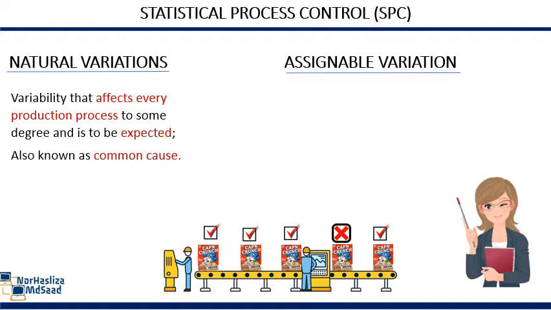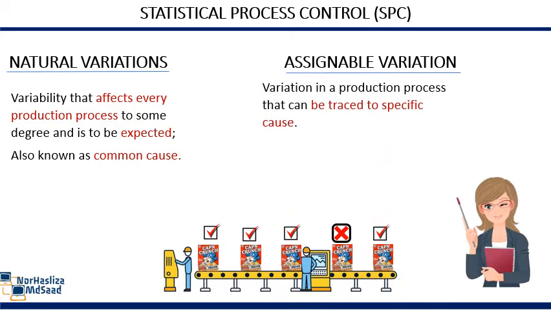They are also known as common causes. Natural variations form a pattern that can be described as a distribution. Assignable variation in a process can be traced to a specific reason.